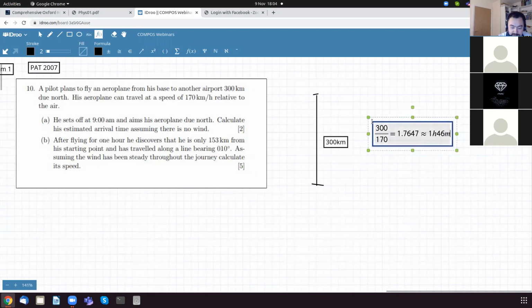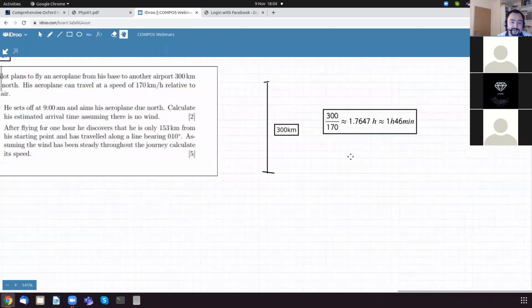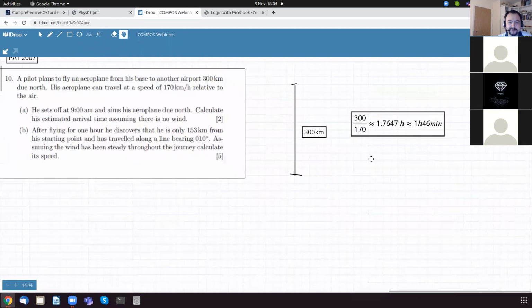46 minutes. Now, they're not specifying how accurate you should give your result, but as a rule of thumb, 3 significant figures. That's the first rule that you should be using. But also common sense, because you wouldn't give the arrival of an airplane correct to seconds. So maybe it would be reasonable even to give the arrival correct to 10 minutes, but 1 minute is absolutely fine.